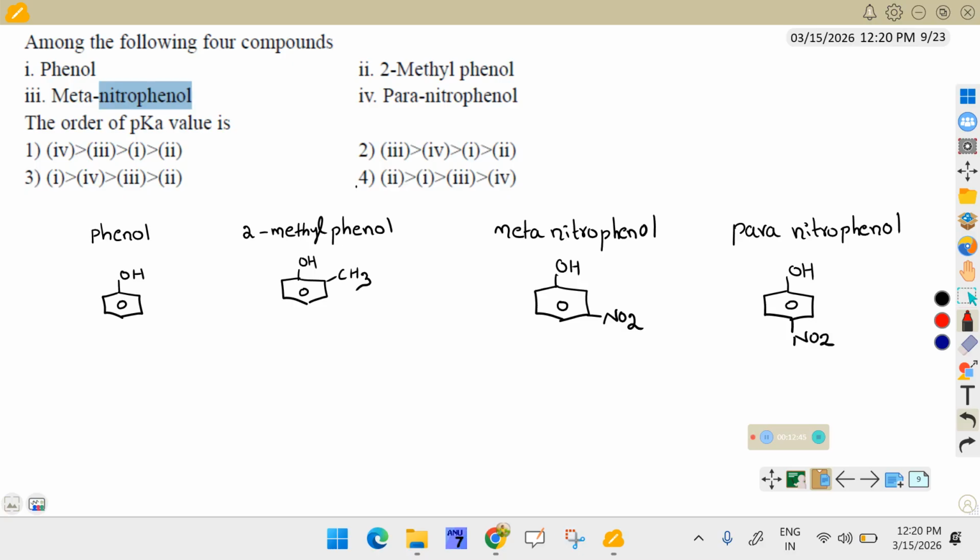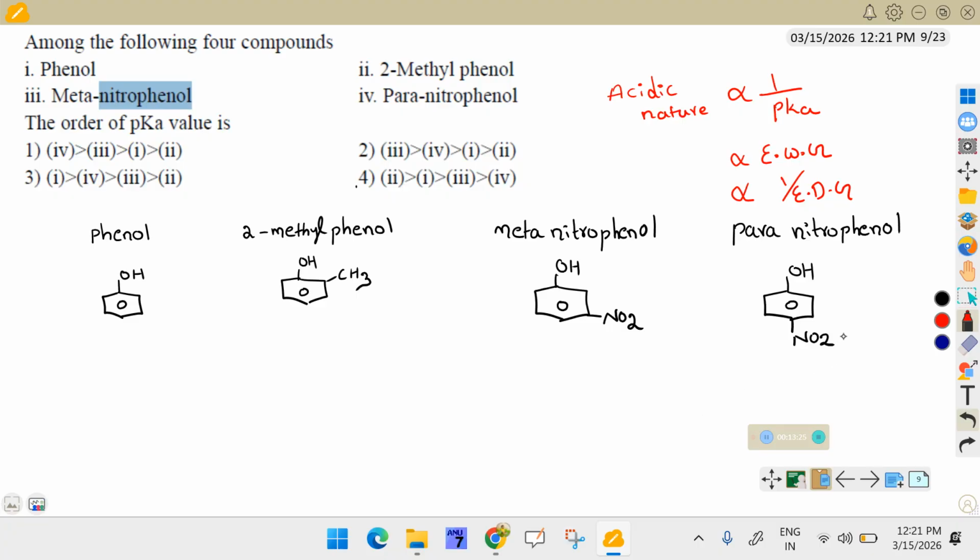See the question. Among the following four compounds, phenol, 2-methylphenol, meta-nitrophenol, and para-nitrophenol, the order of pKa value. The question is related to pKa. We know that acidic nature is inversely proportional to pKa, and acidic nature is directly proportional to electron withdrawing groups and inversely proportional to electron donating groups.